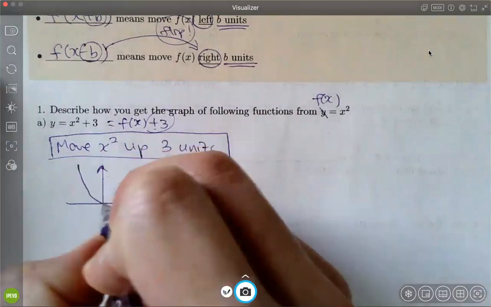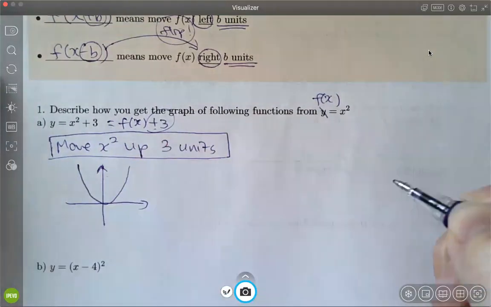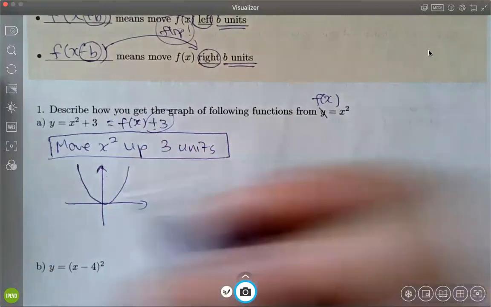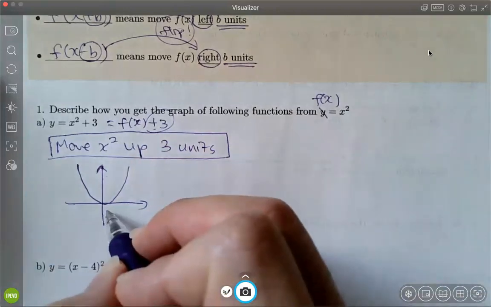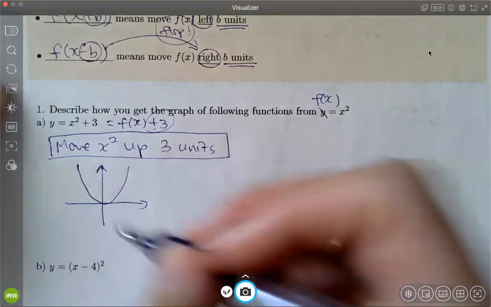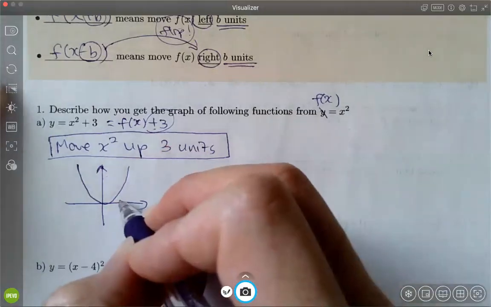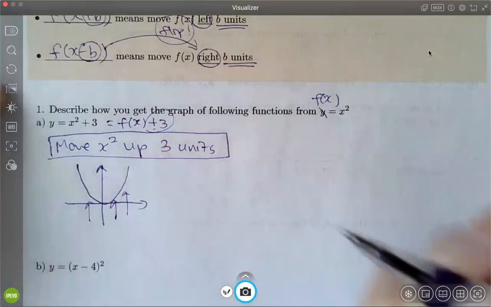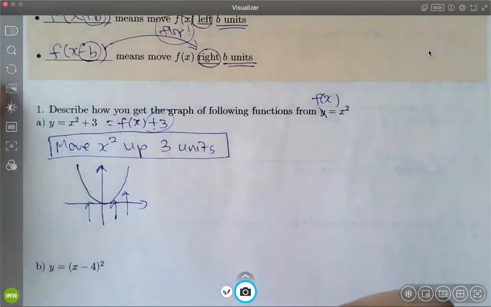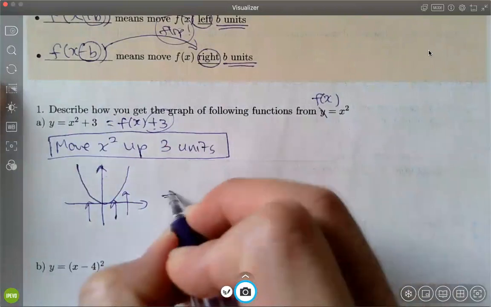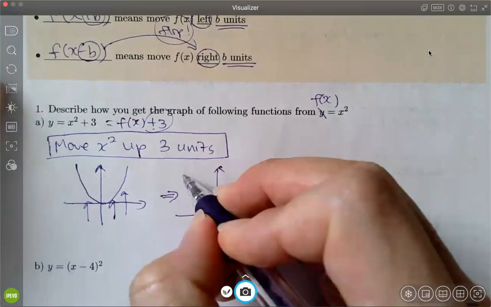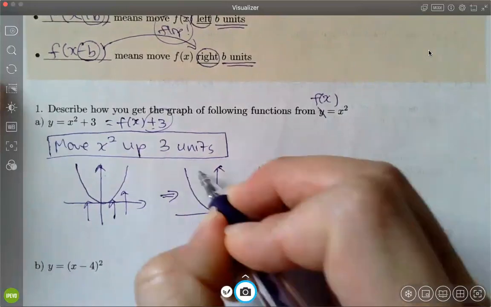It is opened upward. Okay, so let's see. So the vertex is at the origin, right? Okay, so now you are shifting up 3 units. So what does that mean? So imagine applying your force like this direction. So what does that mean? Your graph will look something like this, right?